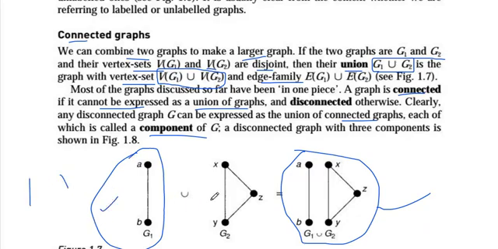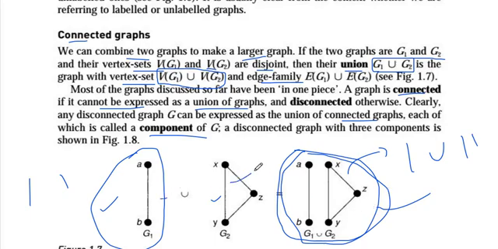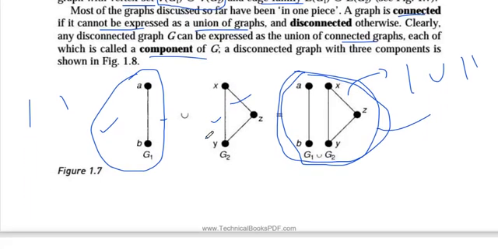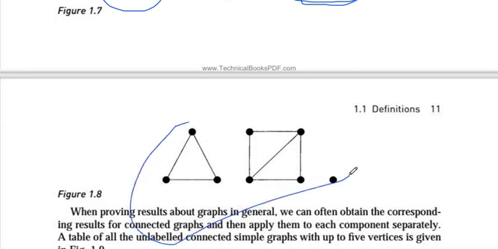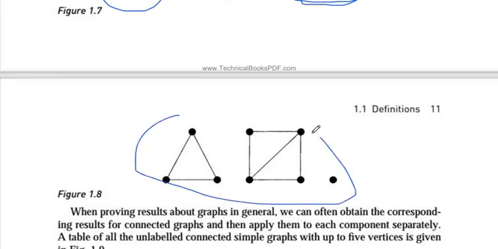So this is a connected graph, this is also a connected graph, but this one is called disconnected. Why? Because it is not connected, and we can make it into two graphs and express it as a union of graph 1 union graph 2. So these two are connected graphs, and this whole one is a disconnected graph.